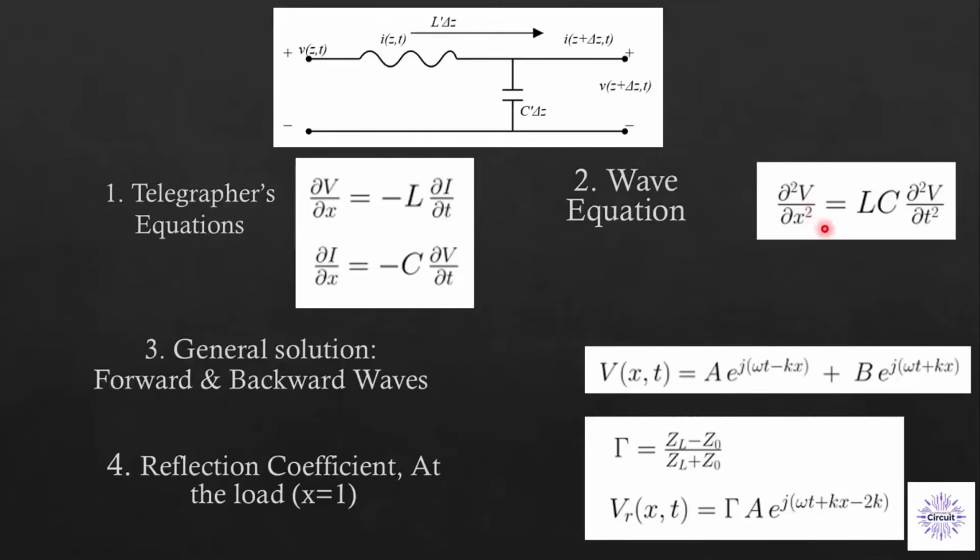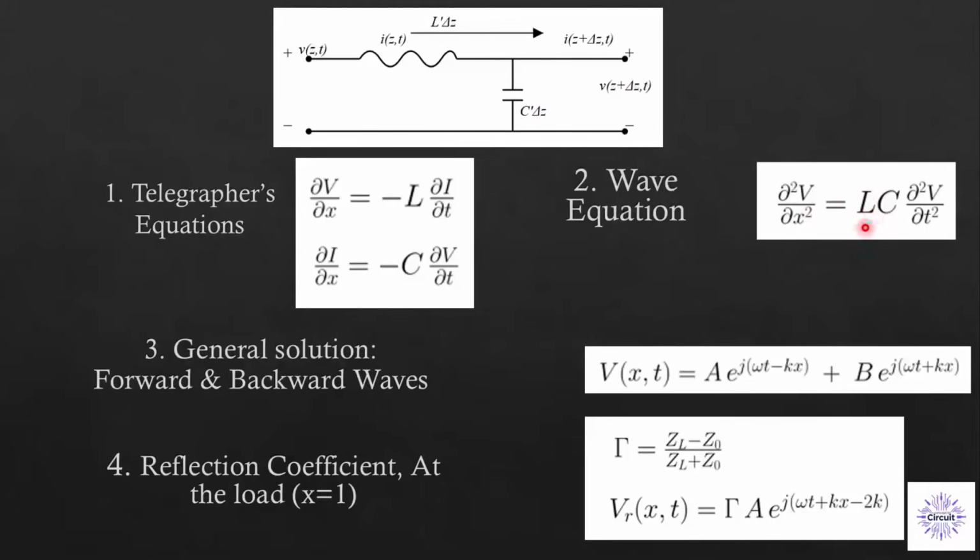d²V/dx² is equal to LC d²V/dt². This is a wave equation, meaning that now my voltage is a wave, and its phase changes as it's traveling from z to point z plus delta z.